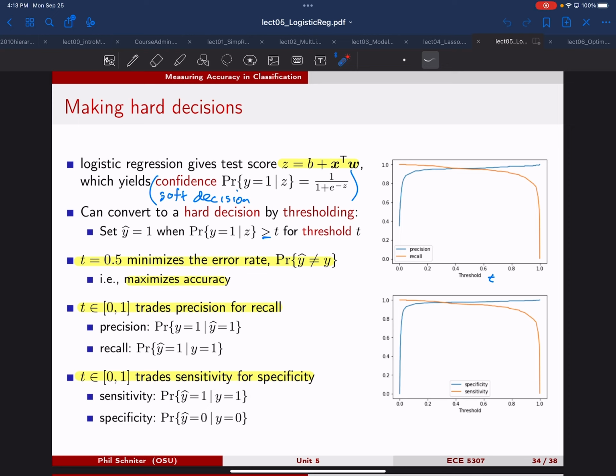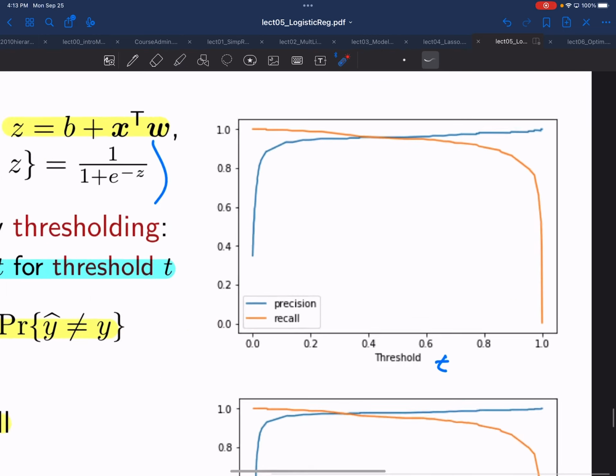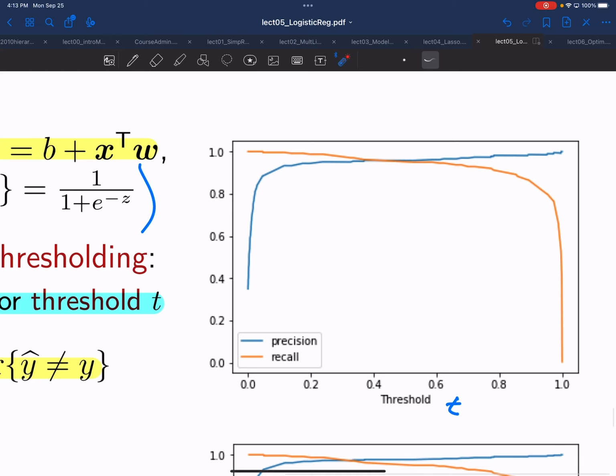However, if you want to somehow balance precision and recall in a slightly different way, you can use a different threshold than 0.5. And when you do that, you can see if the threshold increases, precision goes up, which is good, recall goes down, which is bad.